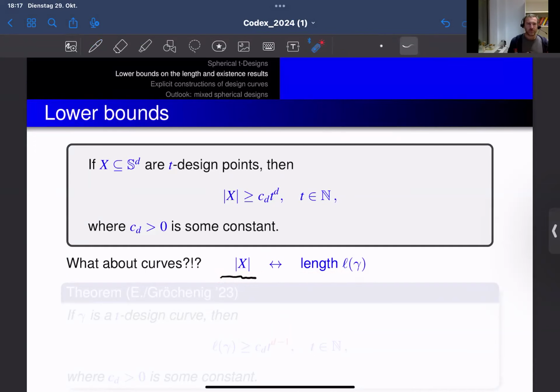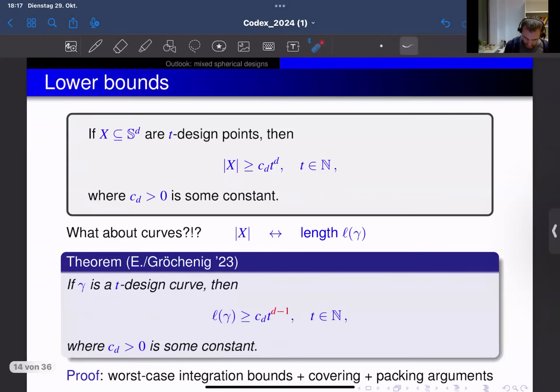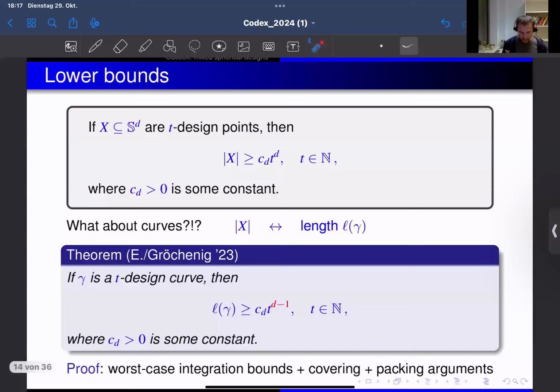So of course we would expect or hope for a lower bound on the length of the curve. And indeed, this is what can be established. So a curve gamma is a t-design. Well, there is a constant c that depends on the dimension, such that any t-design curve, well, its length is lower bounded by a constant times t to the d minus 1. Okay?